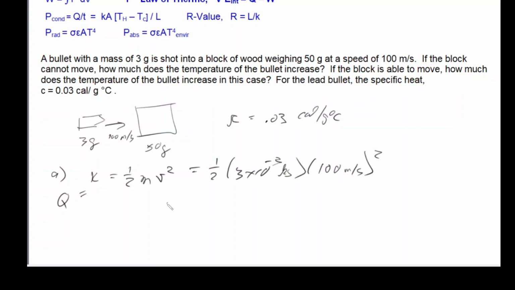So the kinetic energy of the bullet, which is the energy in the form of heat, ends up being 15 joules if you make that calculation, which, if we convert it to calories, that's 3.58 calories. And I'm doing that because our specific heat is given in calories.